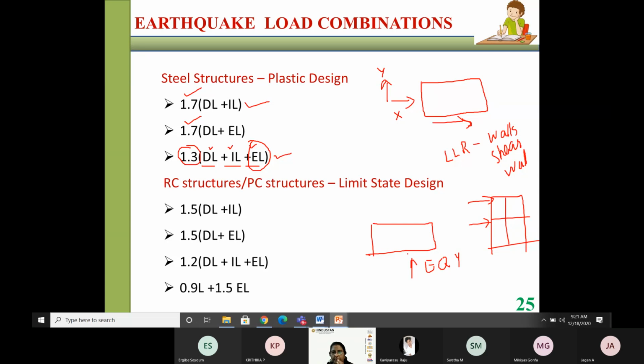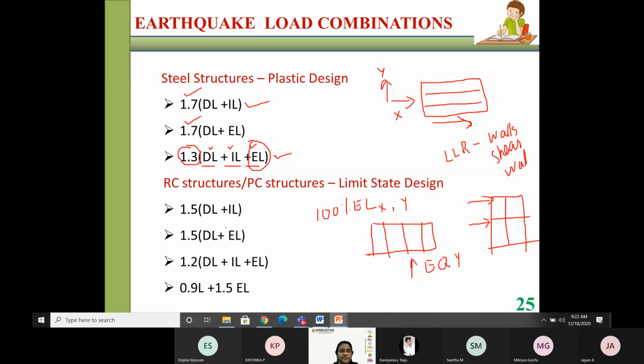In the Y direction, I also have some lateral load resisting elements. So in these two cases, if the earthquake affects the X direction as well as the Y direction, you have to consider 100% of the earthquake load in the X direction separately and in the Y direction separately.